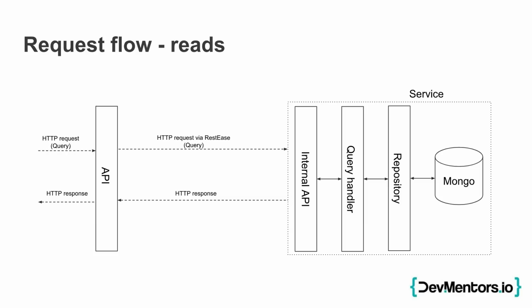But because we follow CQRS, we will not be allowed to mutate the state. And of course, after we fetch the data and return the result from the query handler, we will simply send the HTTP response to the API gateway, and then back to the client application.